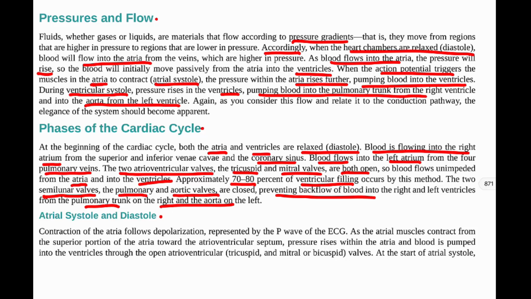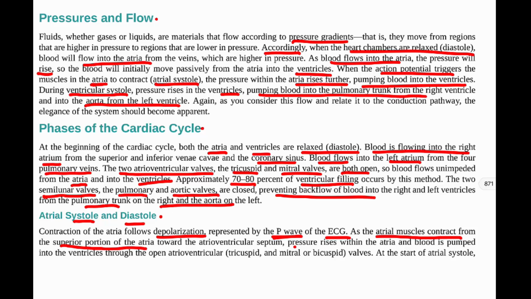So let's take a look at the atria first. We're going to look at systole and diastole in the atria. So contraction of the atria follows depolarization, which again is represented by the P wave of the ECG. As the atrial muscles contract from the superior portion of the atria toward the atrioventricular septum, so they kind of contract from the top outside, squeezing down toward the ventricles.